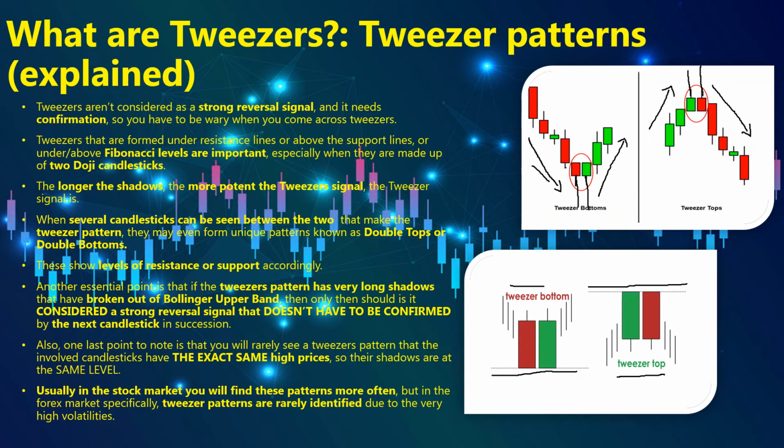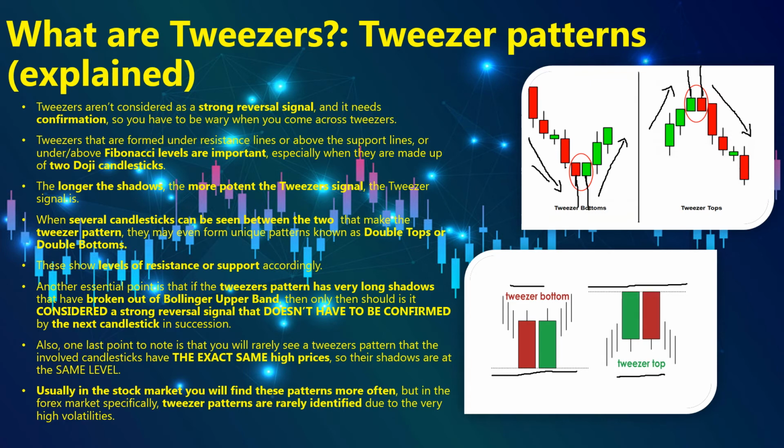When the two candlesticks that form the tweezers pattern have very long shadows that have strongly broken out of the Bollinger upper band, then it should be considered a strong reversal signal that doesn't even have to be confirmed by the next candlestick.